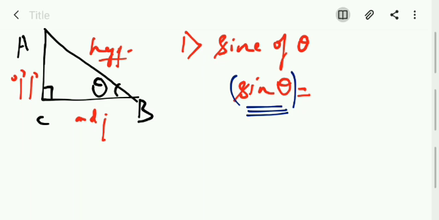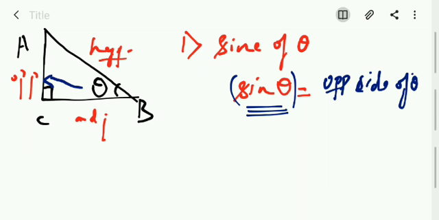Now, what is the sine theta? Sine theta is nothing but the opposite side of the angle theta by hypotenuse. So I'm just repeating it: opposite side of an angle theta by hypotenuse.